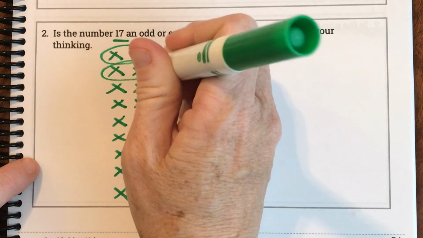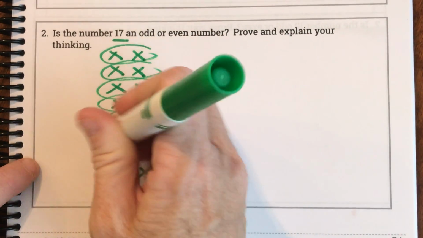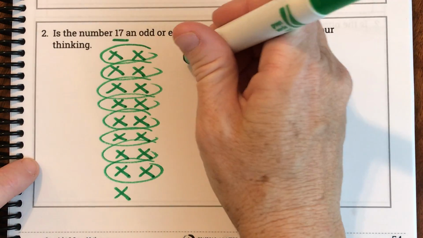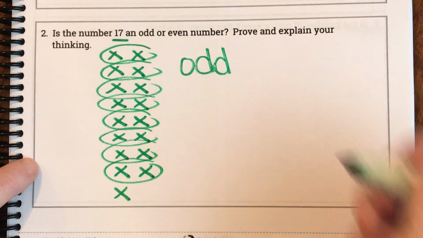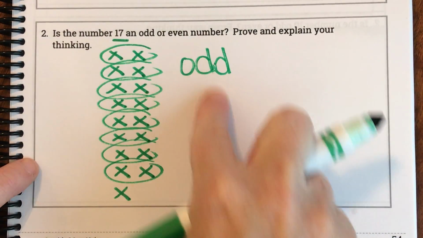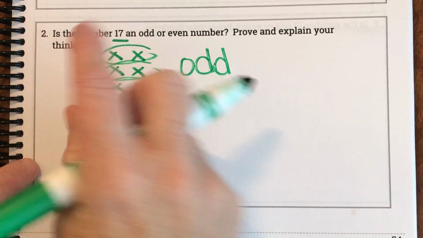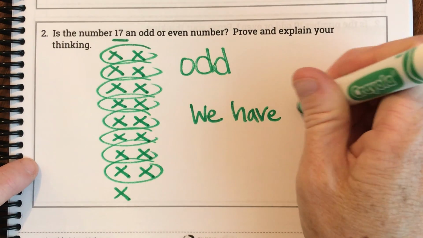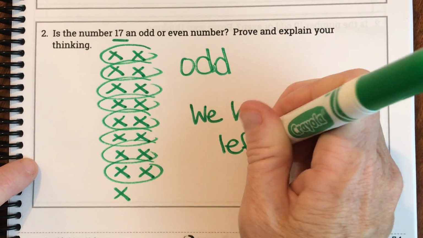So let's circle our pairs. And we have one left over, which tells us it's odd. So this kind of proves it. Now we could explain it by saying we have a leftover.